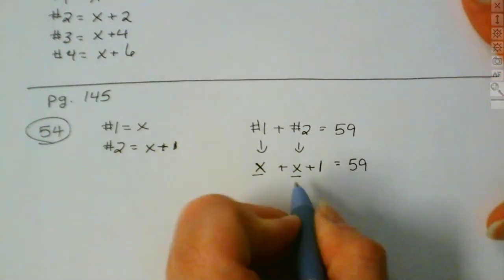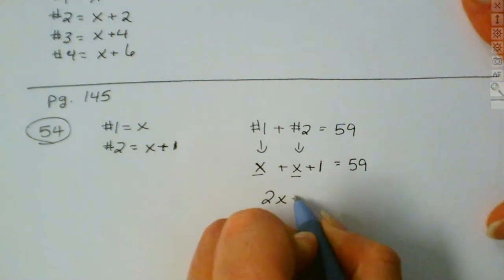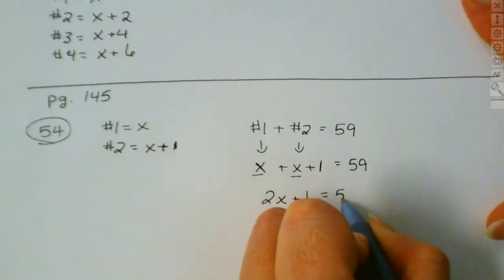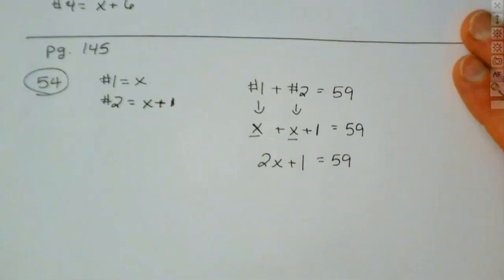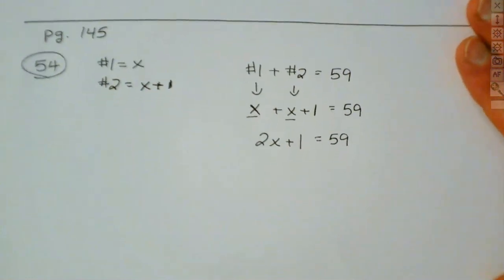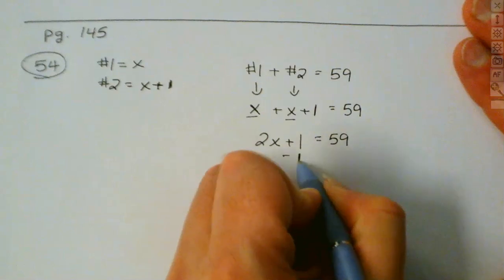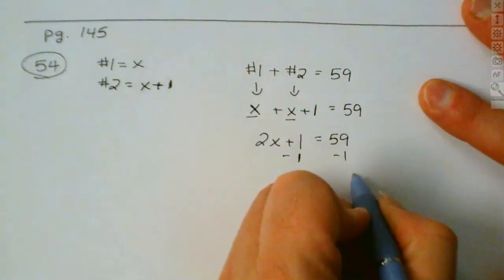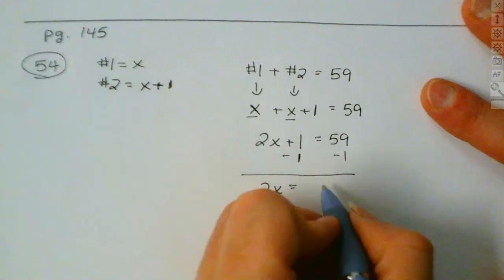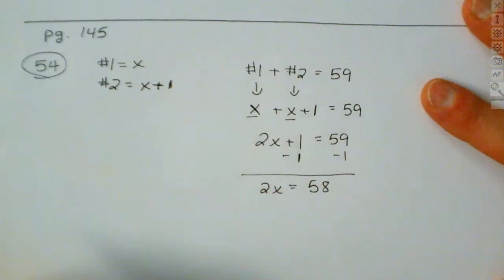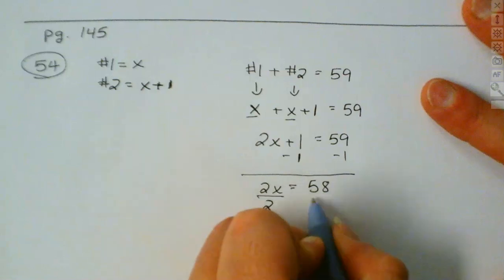That gives you 2x plus 1 equals your 59. And now we should know what to do. So I want to get the 2x by itself. That 1 is positive, so I subtract it off. And that leaves you with 2x now equals what? 58. You're going to now divide by 2.